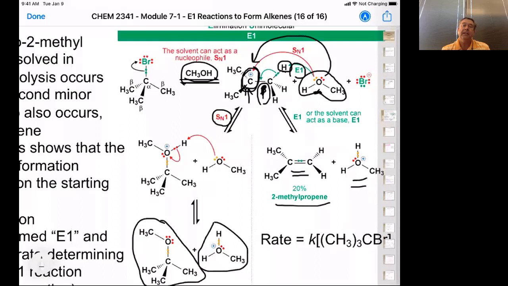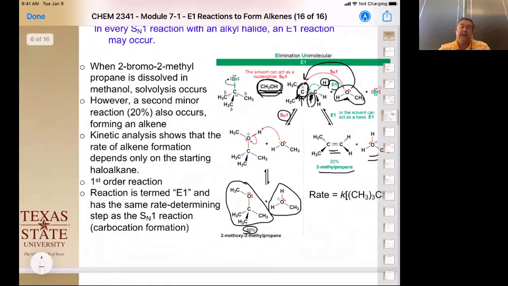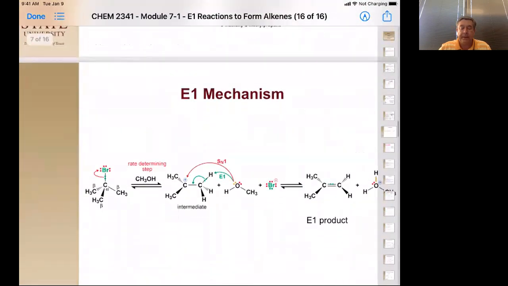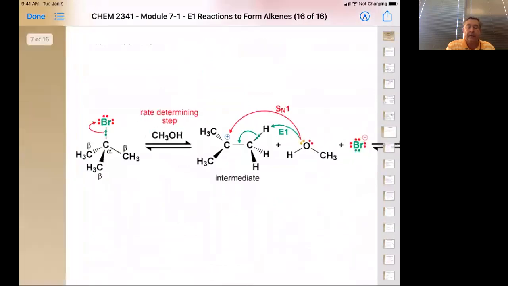So in most cases, there's a competition between an Sn1 and Sn2 if you're using a neutral solvent as a nucleophile, or in this case, the base. Do you see that first step is the same as in the Sn1 reaction, the fact that we form that carbocation. The second step is removing a beta hydrogen. So let's dig into that a little deeper.